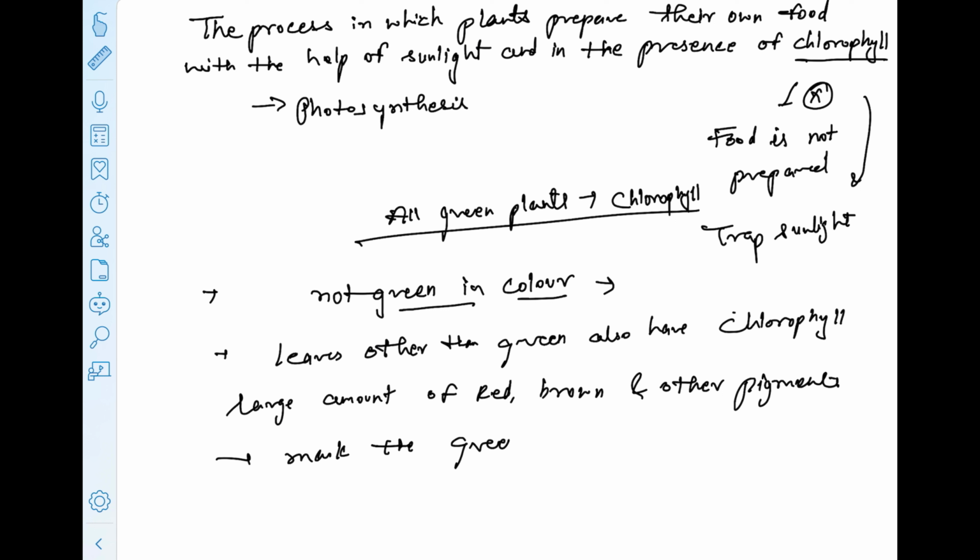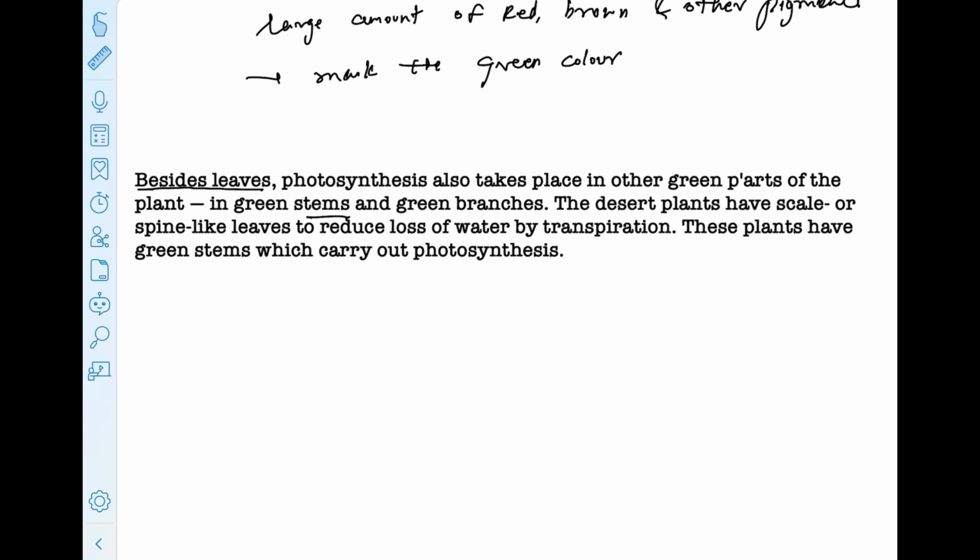Now besides leaves, photosynthesis also takes place in other parts like stems and branches, because these also have stomata. And stomata have the green pigment known as chlorophyll. Now we know desert plants do not have enough water. So they have scale or spine-like leaves.